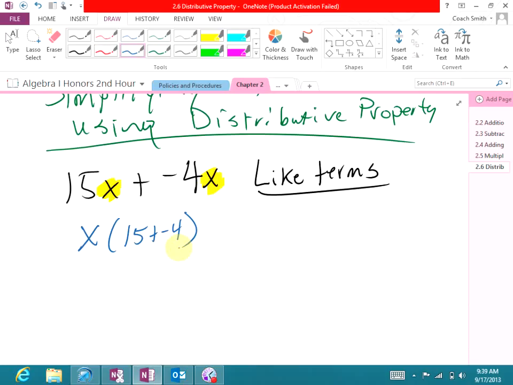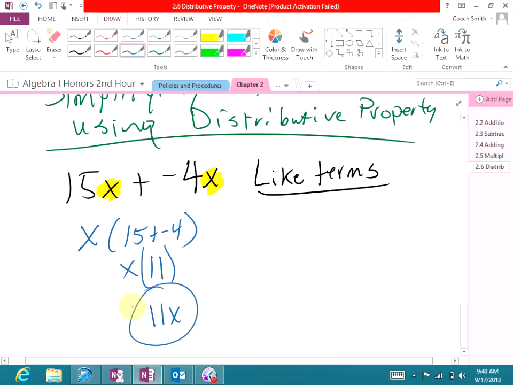Well, when I see it like that, what's 15 plus negative 4? 15 plus negative 4 is what, Larry? 11. So what I'm left with is x times 11, which is 11x, and that's your answer. That's mathematically why we can combine those like terms.